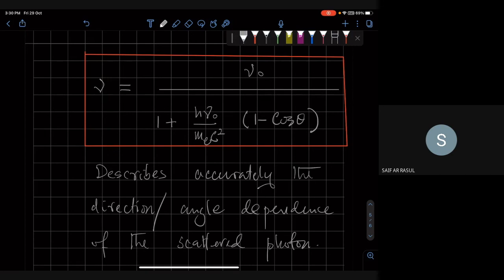And for front scattering, theta is 0, and so the frequency in the front scattered is the same. The frequency of the backscattered photon is reduced, right? And everything in between.